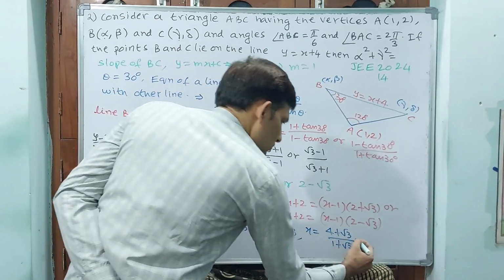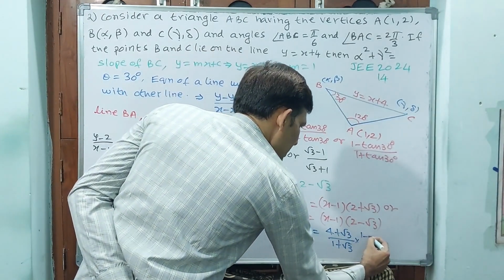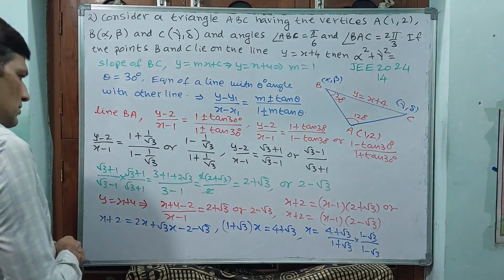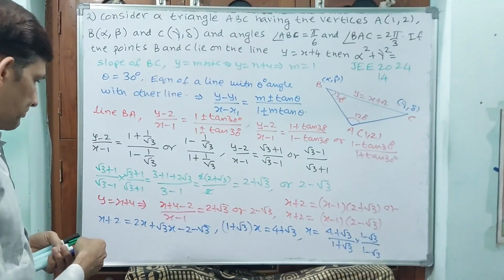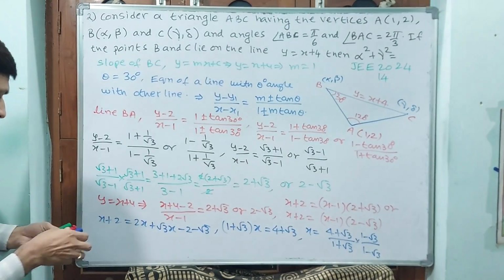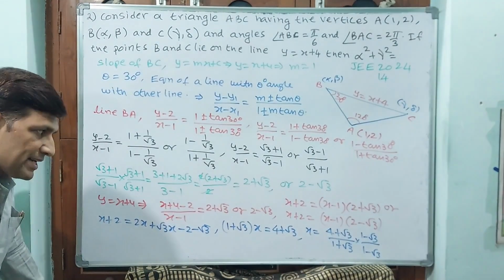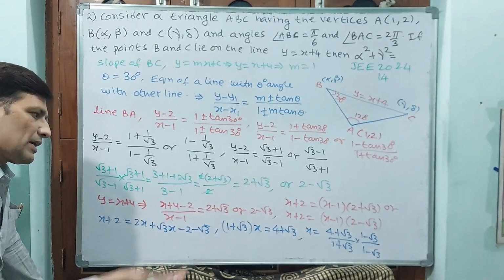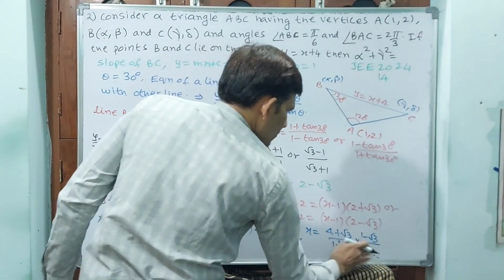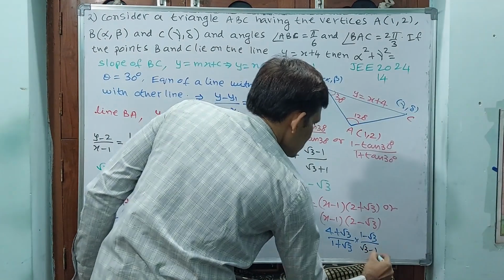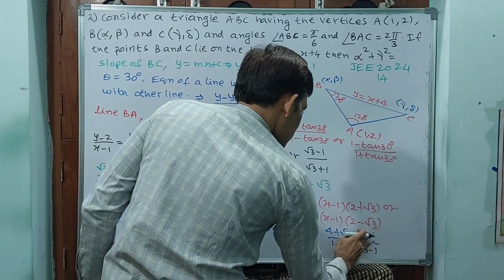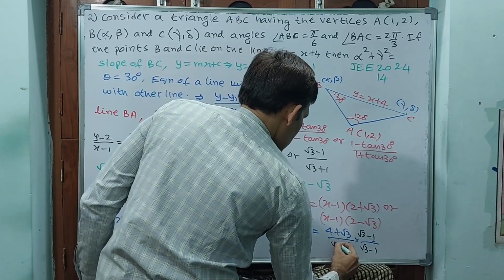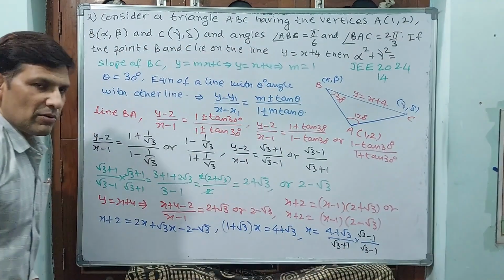But you see here that is equal to into 1 minus root 3 by 1 minus root 3. Now I will do a little bit here. See, denominator, root 3 minus 1 you take. 1 plus root 3 or root 3 plus 1, both are same.